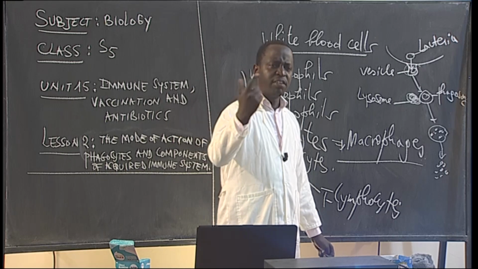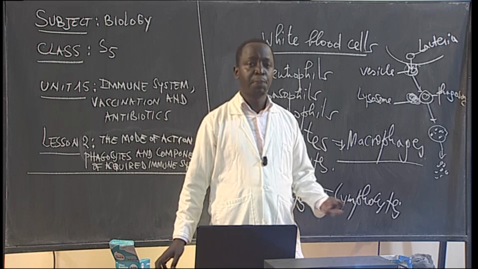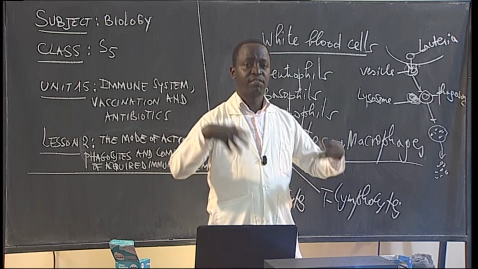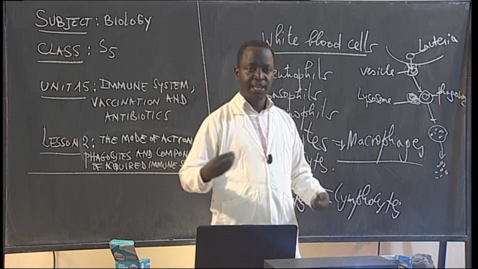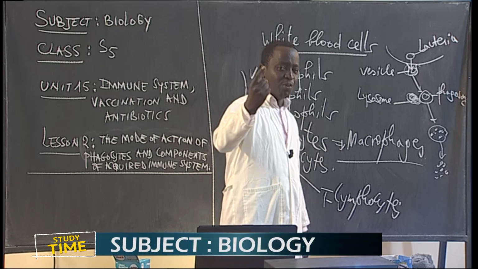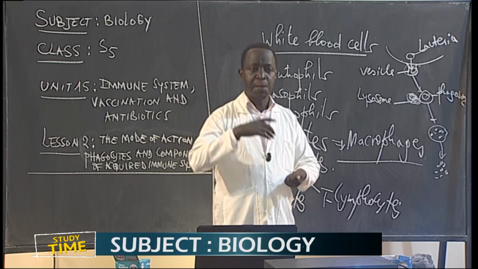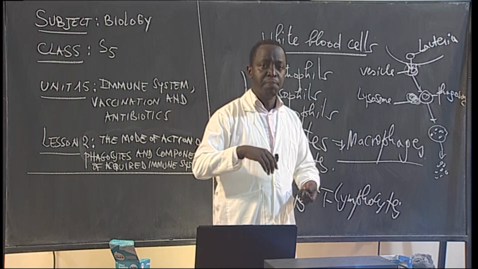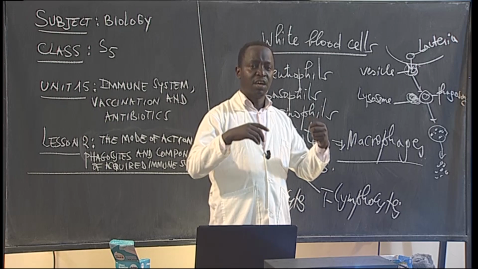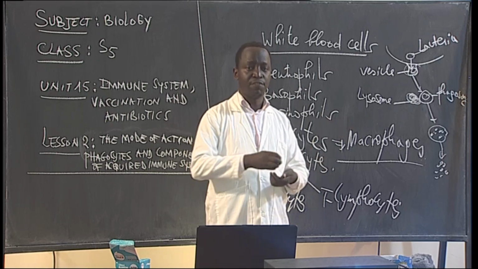So now these T cells, or T helper cells, continue to divide. They are multiplying so that they can become what you call memory cells. Memory cells are cells that can protect the immunity once there is another presence of those germs that can infect the cells.